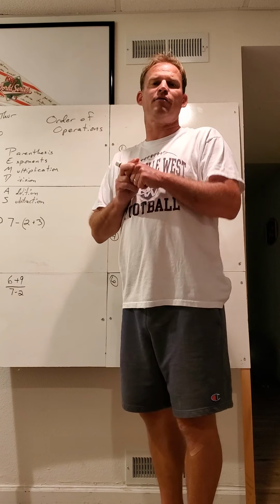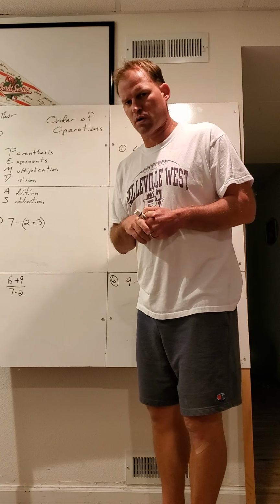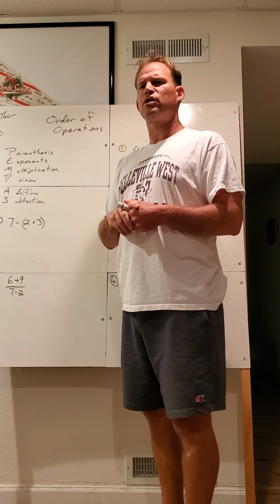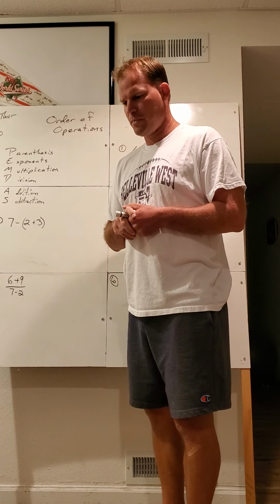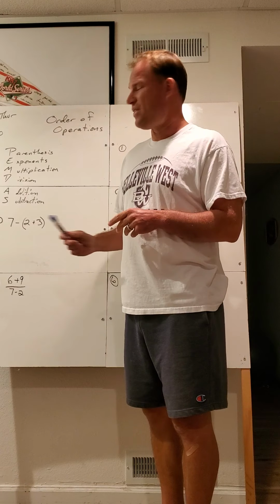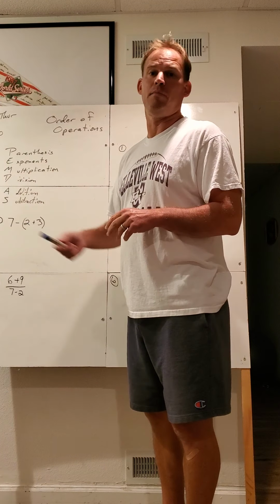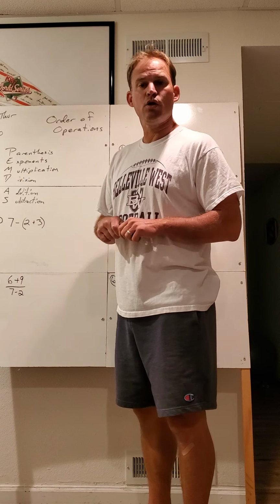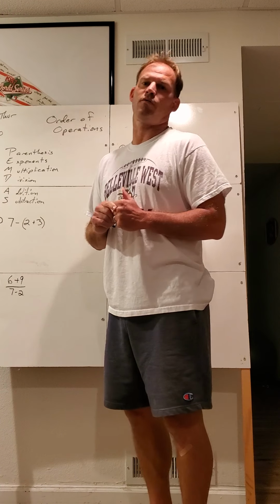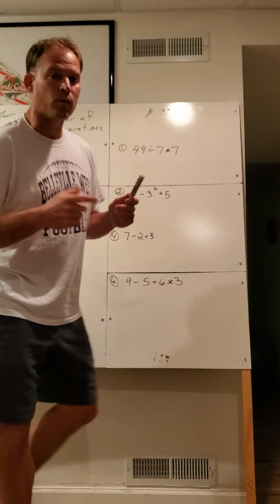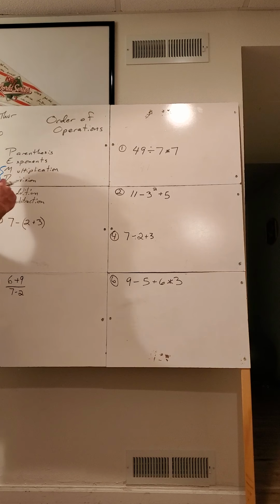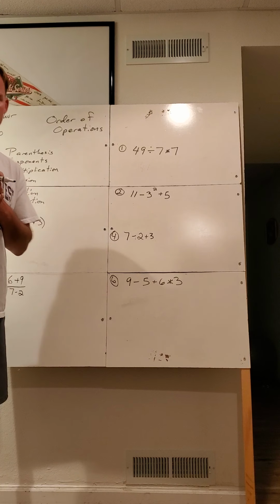Now, you may have had the best math teacher in the world last year. You may have had someone you actually enjoyed learning math from. However, I am here to tell you this leads to problems, because if you look, it looks like there are 6 levels to the order of operations, when in fact, in reality, there are 4 levels to the order of operations.